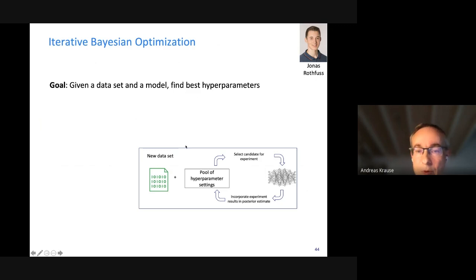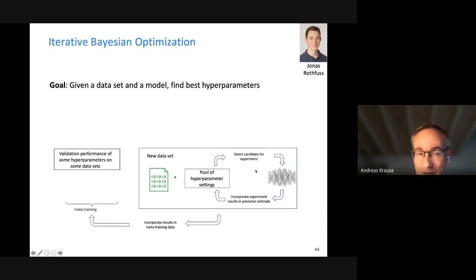And the last set of experiments goes beyond this two-stage setting to an iterative setting, where we start with a data set, run Bayesian optimization to find good hyperparameters, and then add this to a data set of measured validation performance, use this to refine the hyperposterior and consider a new data set, and go on, right?